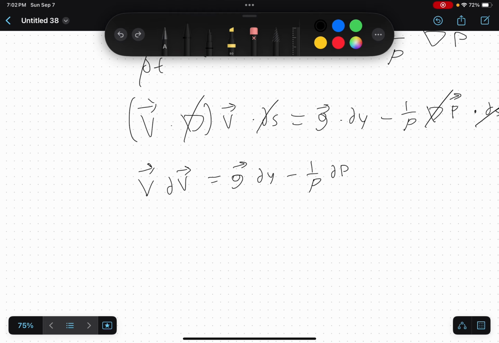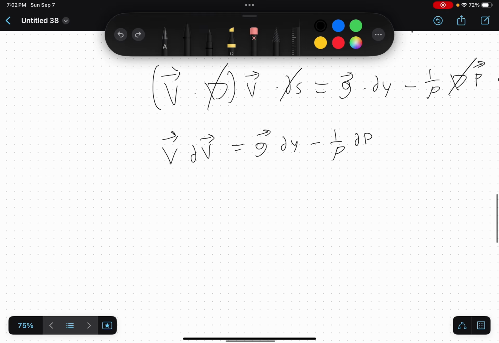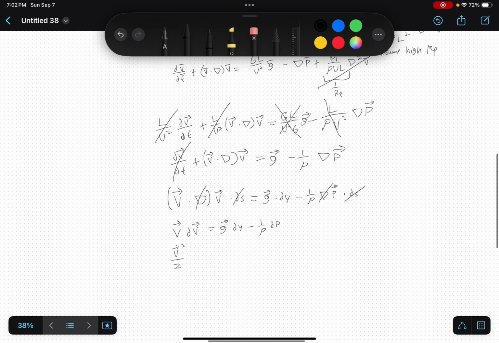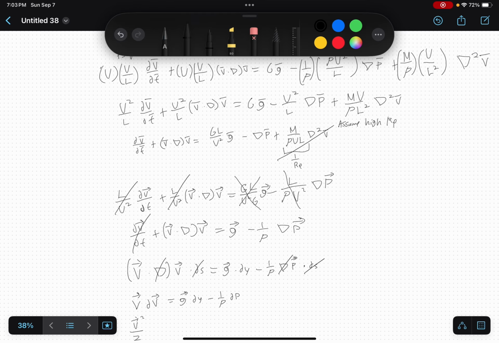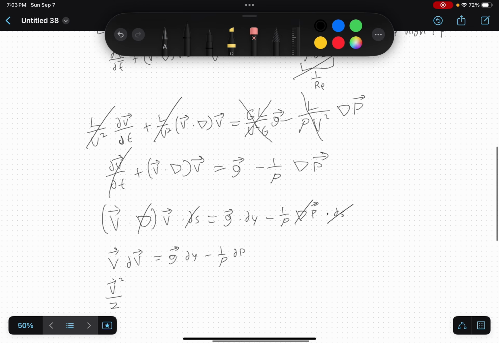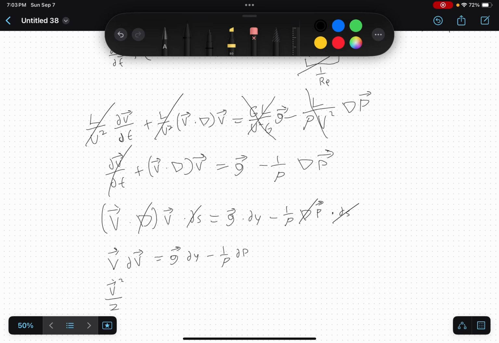We end up with v squared over 2. Actually, are these vectors anymore? I don't think they're vectors. I think they're just magnitudes.